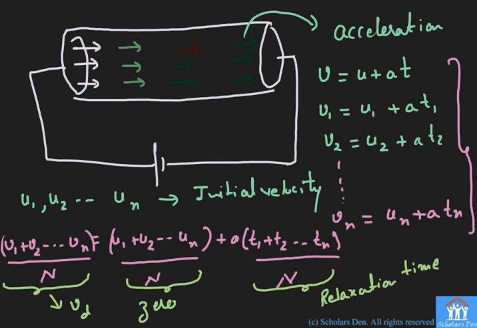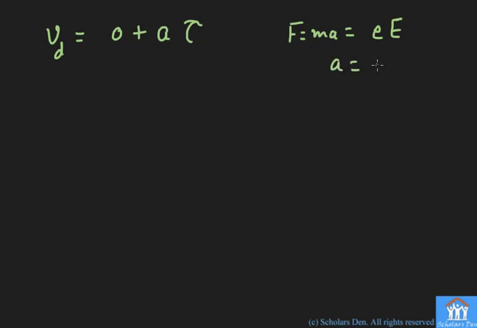From here we can write the equation: Vd is equal to the average thermal velocity, that is 0, plus acceleration into tau. We have already calculated the acceleration: using F is equal to ma and F is equal to eE, the acceleration is eE by m.